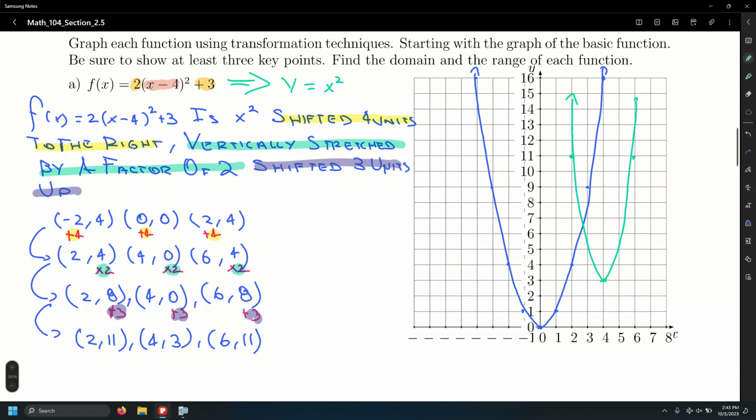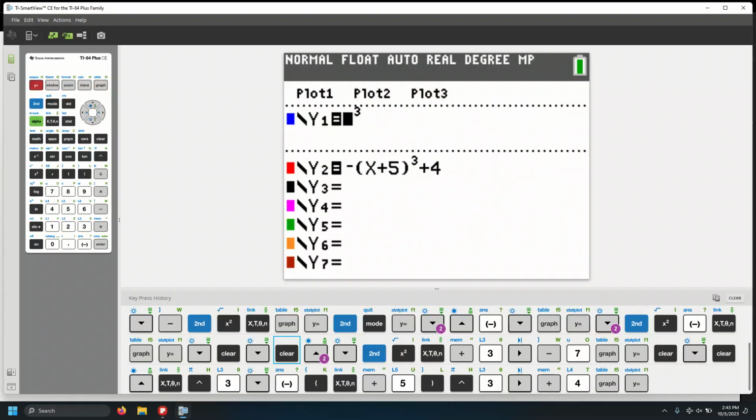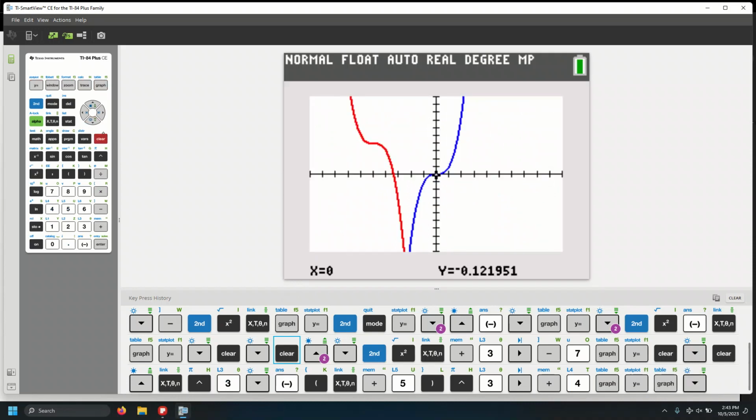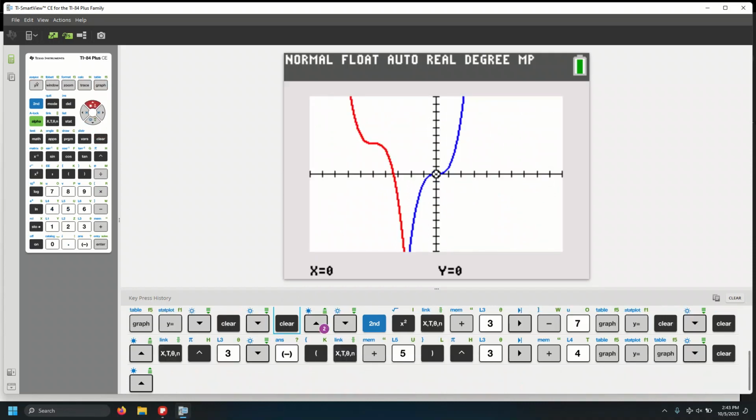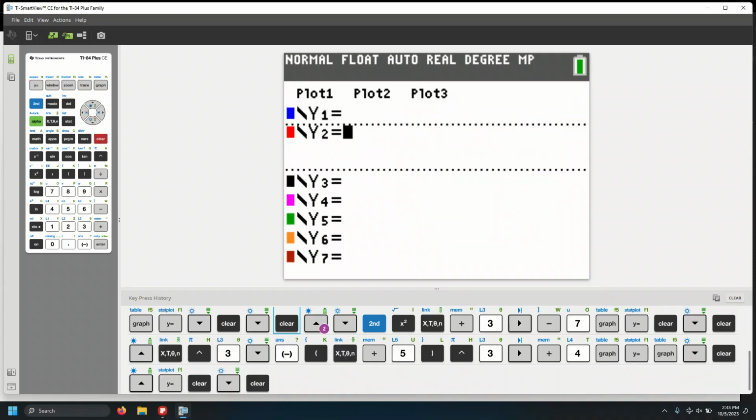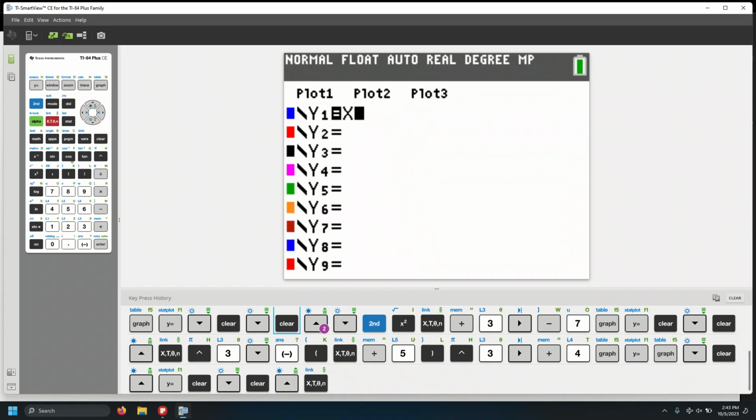Now, here is the thing with the vertically stretched. A vertical stretch means the same thing as a horizontal compression, right? Okay, let's see this graphically. So, graph, clear. First of all, x squared.